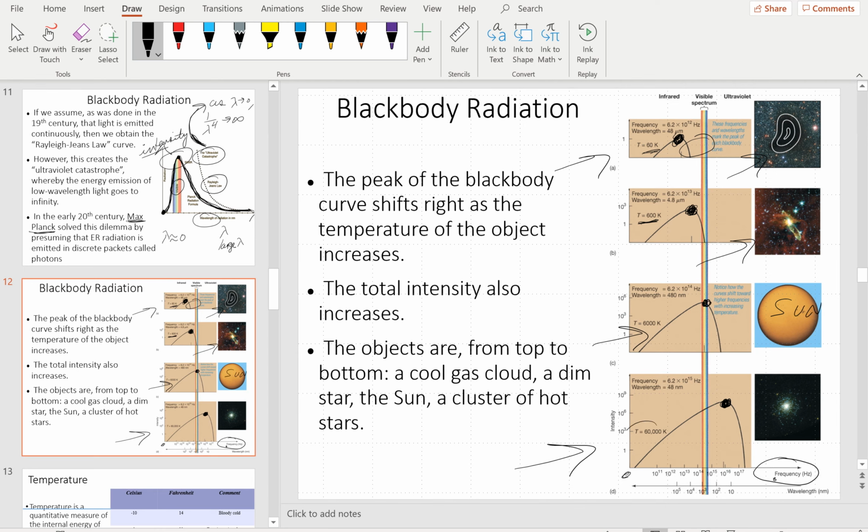And then as we get to a very hot object, 60,000 Kelvin, let's say, the Planck radiation peak is well to the right of visible light. So this object is going to emit largely, probably, in the ultraviolet or X-ray or whatever the peak corresponds to.